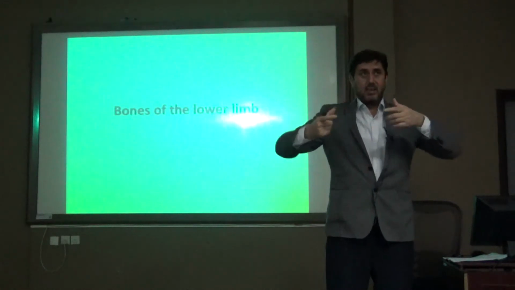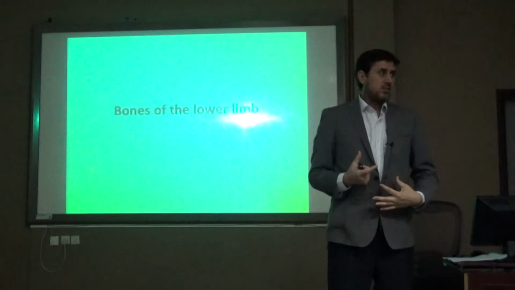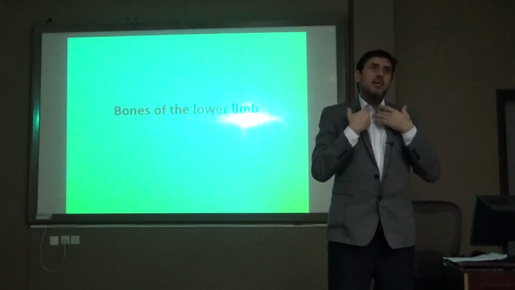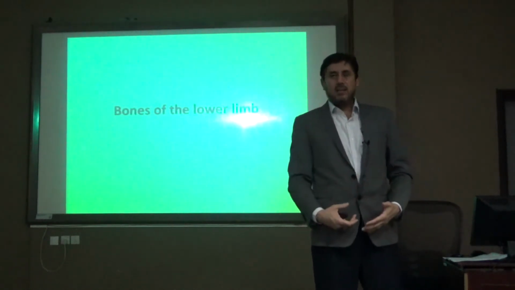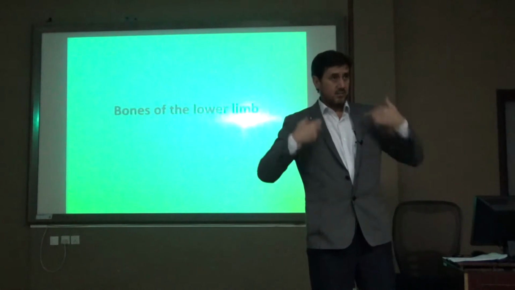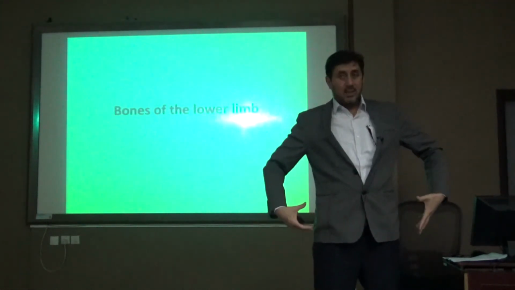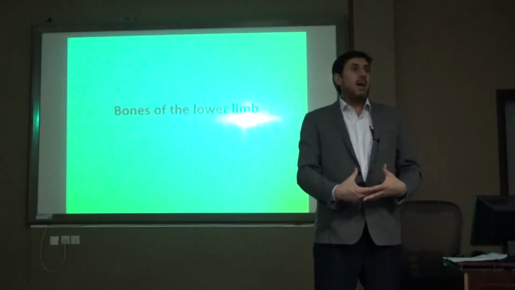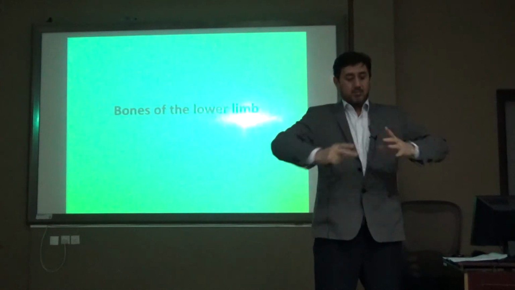And this shoulder girdle is attached to the central axis, means to the sternum, means thorax, and abdomen. This is our trunk. So it is attached to the trunk, and our lower limb is also attached to this vertebral column by two hip bones when they are uniting.